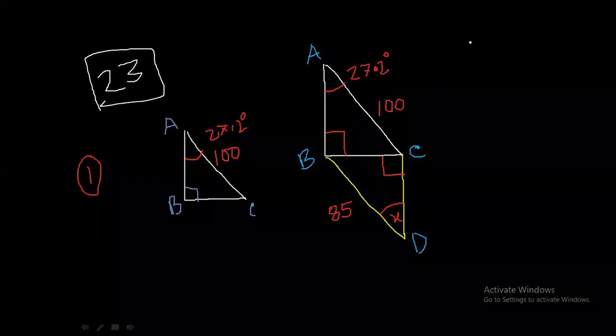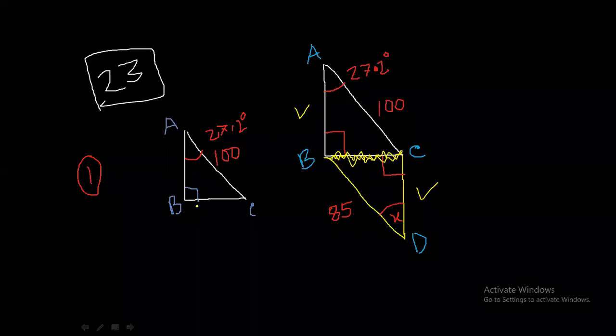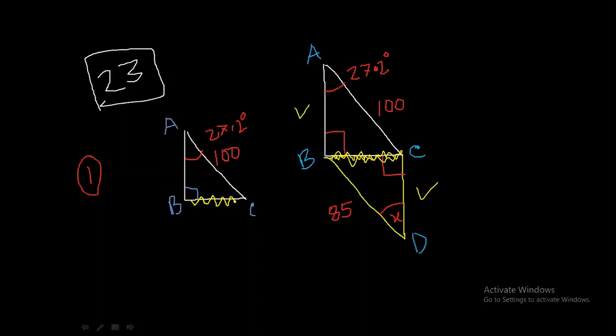And I also have to find the common length of these two triangles. So here BC is the common length of these two triangles. So for this reason, I have to find the value of BC from triangle 1.